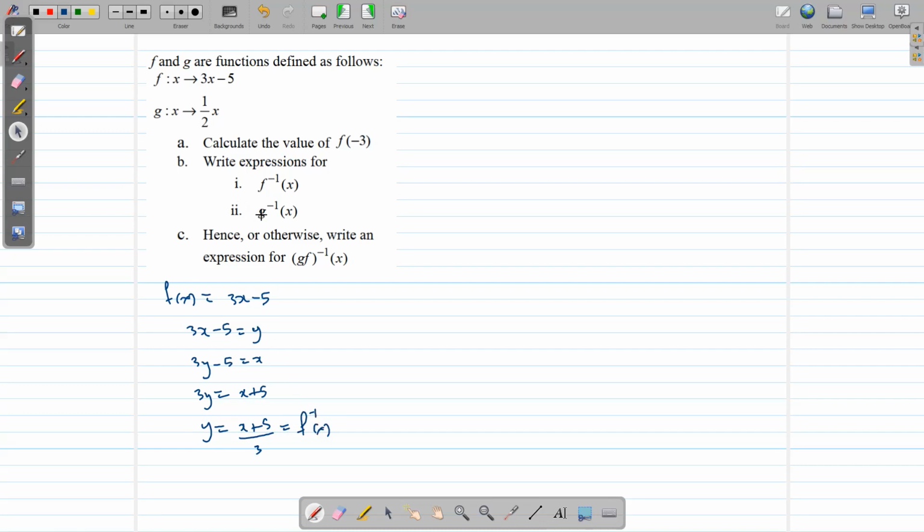To find g inverse of x, part 2, we write g of x, and g of x is equal to a half x. Once we have that, we can write half x equal to y and switch them.